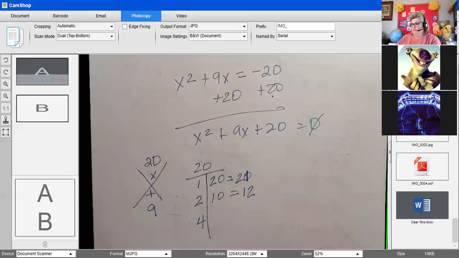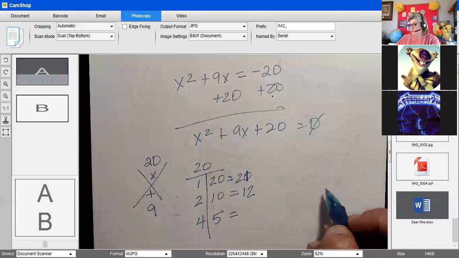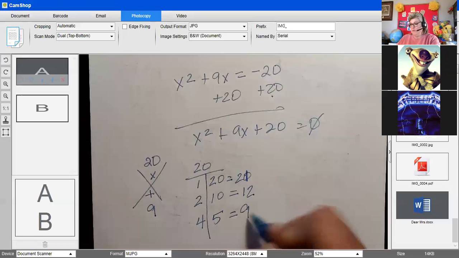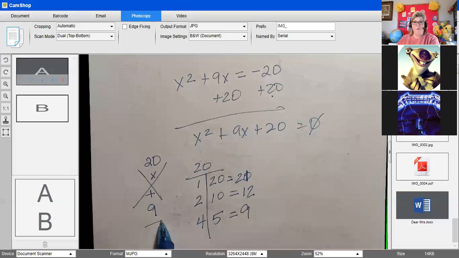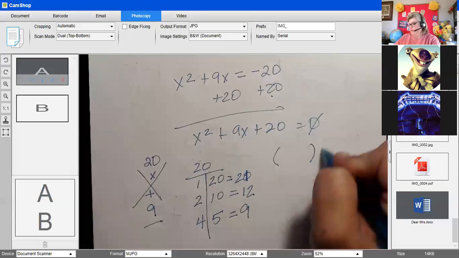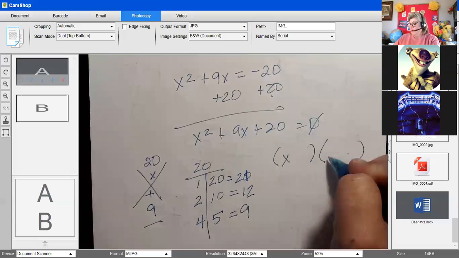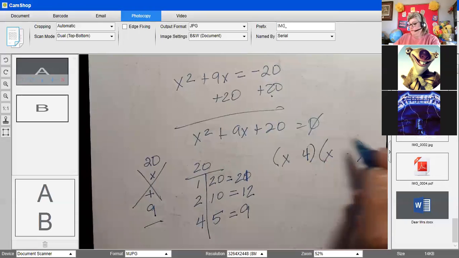Yeah. 4 times what? 5. If we add those together, what do we get? 9. Is that what we wanted? Yep. So we know that our factors are going to be x and 4x and 5.